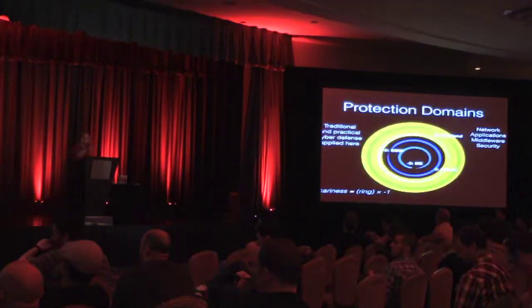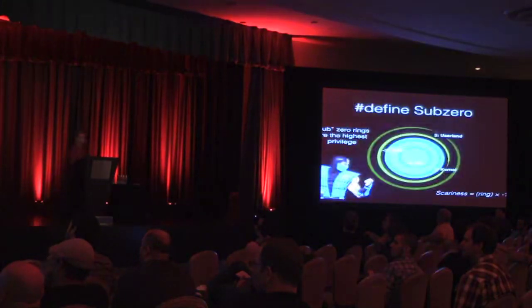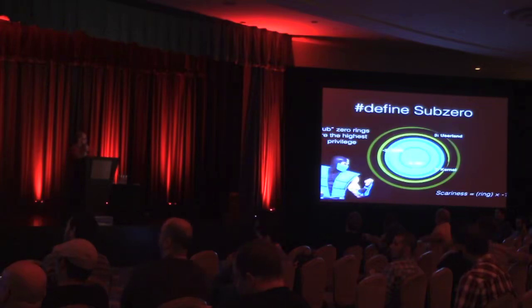So I want to group all of that together and call it sub-0. Every ring that comes below 0, because we're going to invent some more, -4, -5 are down the road. So call all this sub-0 land, and the scariness of the ring is just that times -1. The lower you go, the scarier it gets.